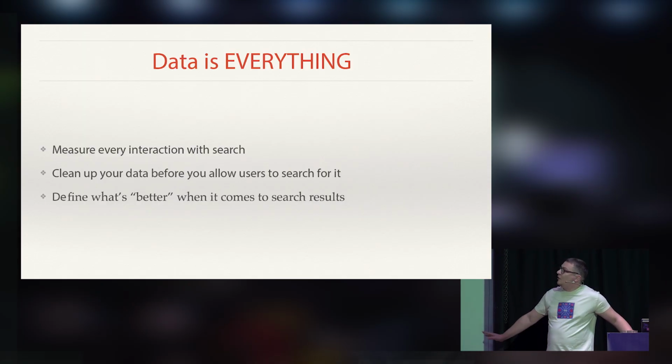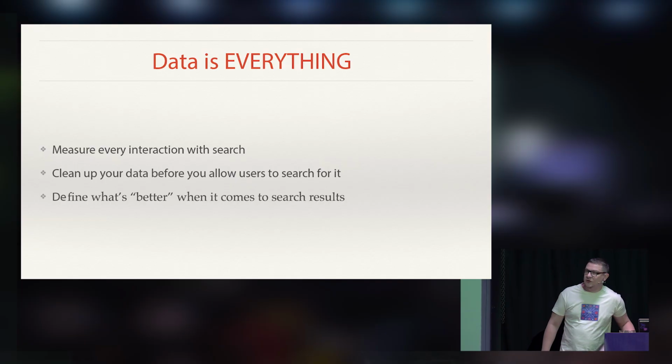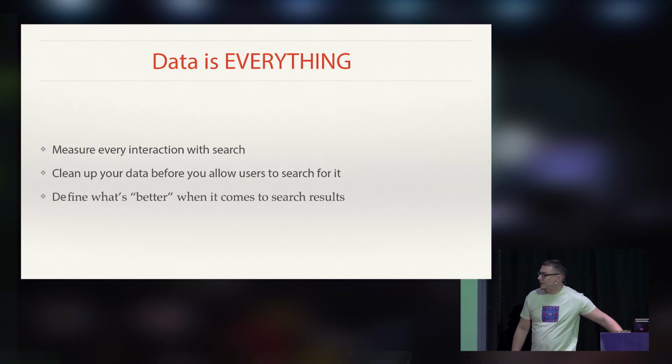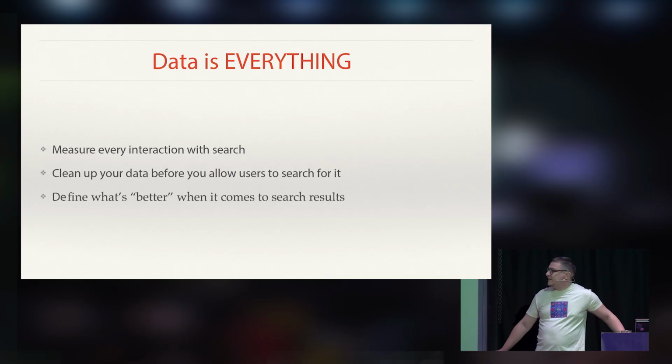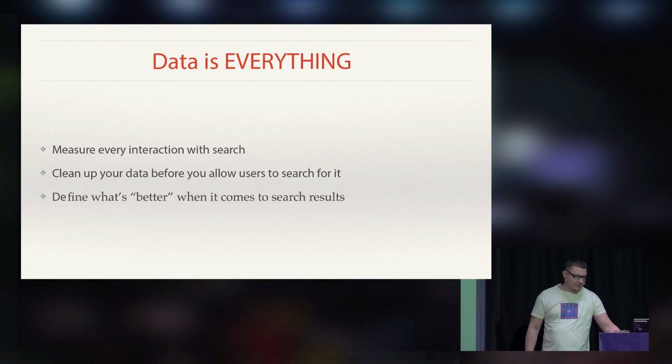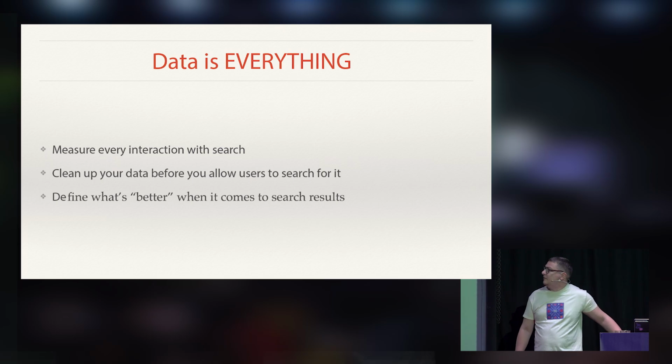Data is everything. So if you want to go into AI and machine learning features, prepare your data, clean up everything, make sure that you don't have any trash in your database. Define what's better so you actually understand what the goal is. And yeah, this should set you up for doing some AI work in Ruby.